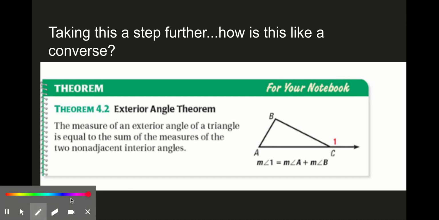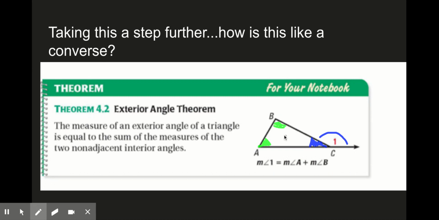So let's follow a similar kind of proof, which is like if this right here and angle 1 make 180 degrees because they're a linear pair, and I know that these two right here must add together with the blue angle, right?